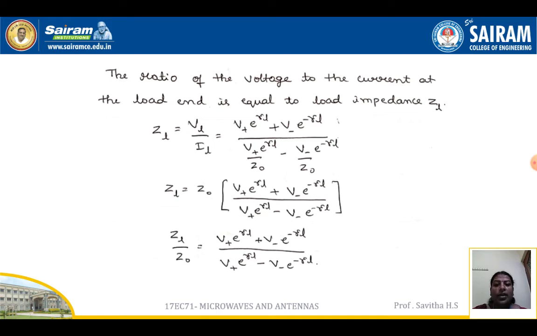I'll get Z naught times V plus e to the power of gamma L plus V minus e to the power of minus gamma L divided by V plus e to the power of gamma L minus V minus e to the power of minus gamma L. So ZL by Z naught is equal to V plus e to the power of gamma L plus V minus e to the power of minus gamma L, then V plus e to the power of gamma L minus V minus e to the power of minus gamma L.